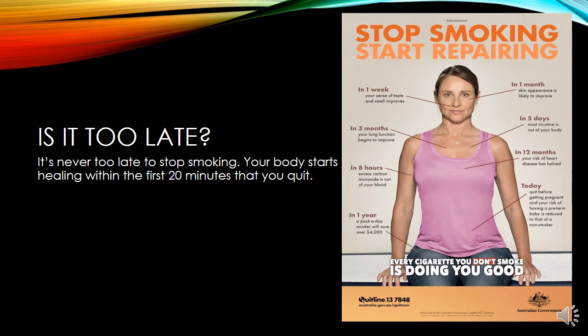At 1 to 3 months, circulation continues to improve. After 9 months, lungs have significantly healed themselves. There is a decrease of lung infections. After 1 year, the risk of heart disease decreases by half. The risk will continue to drop past the 1 year mark.